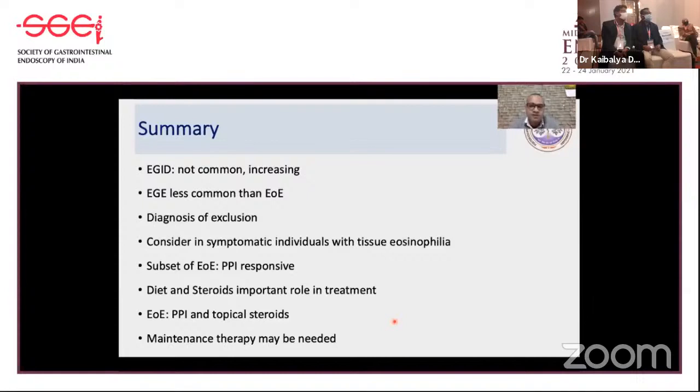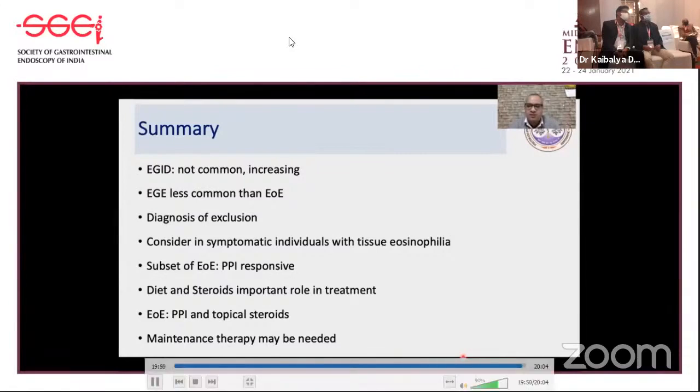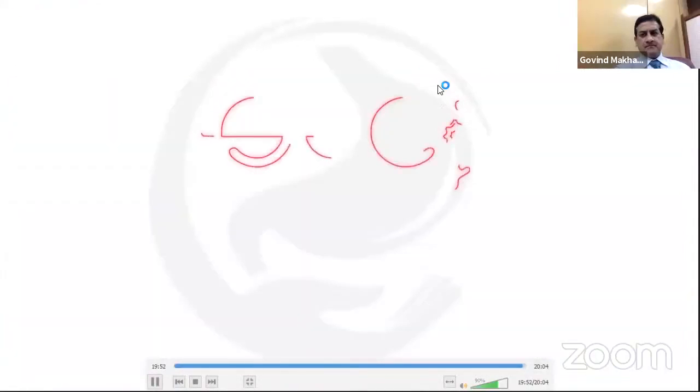A subset of eosinophilic esophagitis are PPI responsive. Diet and steroids play an important role in therapy. For esophagitis, PPI and topical steroids are additional options, and maintenance therapy would be needed for most of these patients. Thank you for your attention.